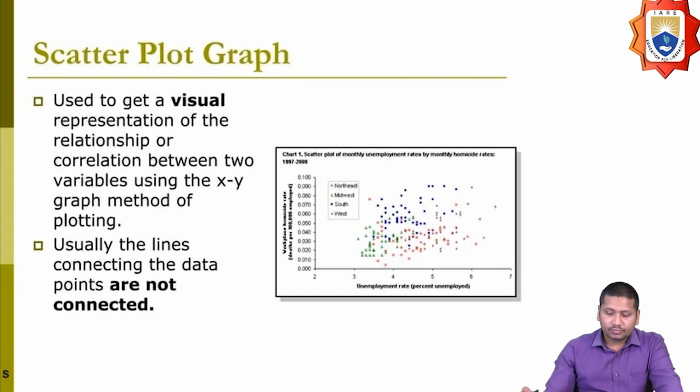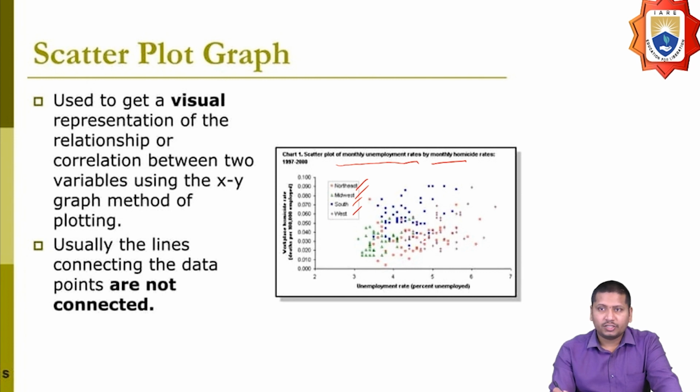Say I want to show a scatter plot of monthly unemployment rates from 1997 to 2000. The green should be the northeast unemployment rate data, the brown the northeast one, green the middle east, blue the south, and brown the west.